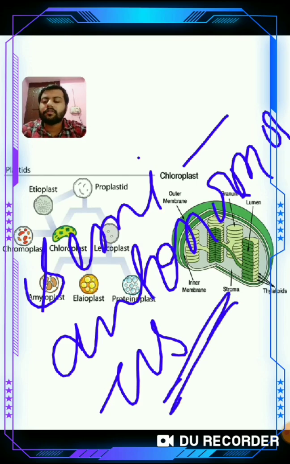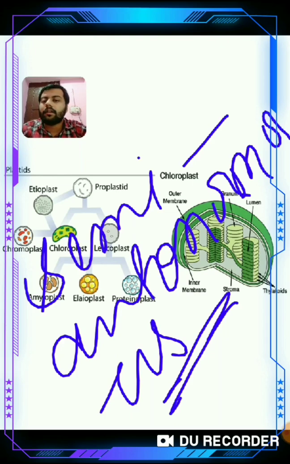They are known as semi autonomous cell organelles because they contain their own DNA, which replicates itself.